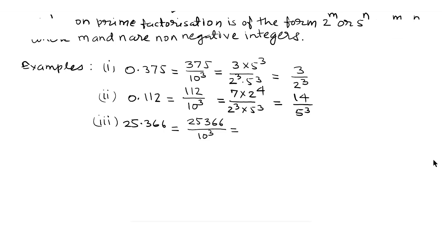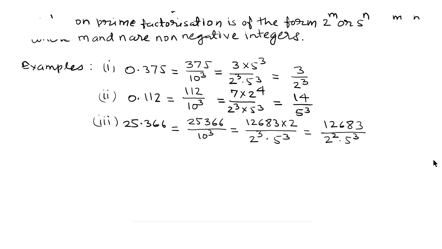Now we factorize it. So we get 12,683 multiplied by 2 upon 2 to the power 3 into 5 to the power 3. This gives us 12,683 upon 2 to the power 2 into 5 to the power 3.